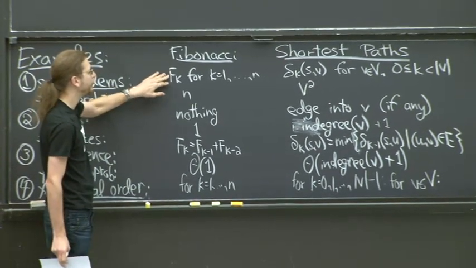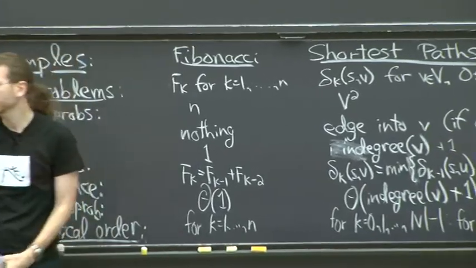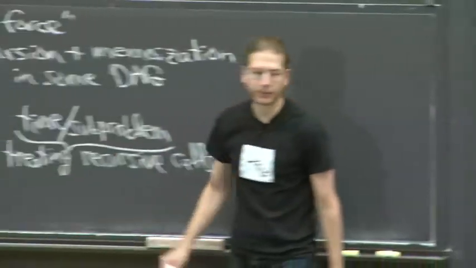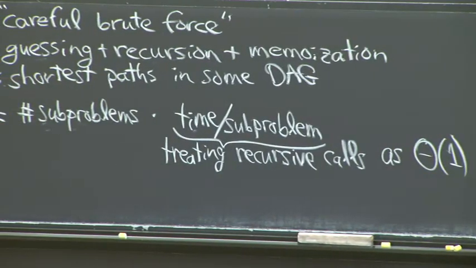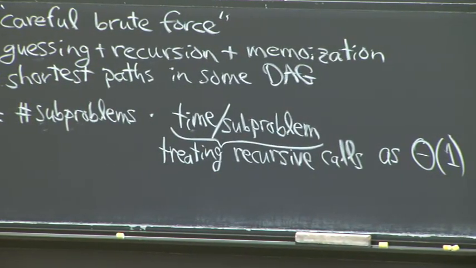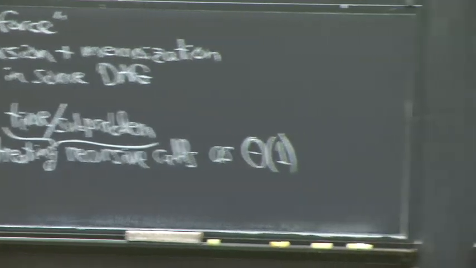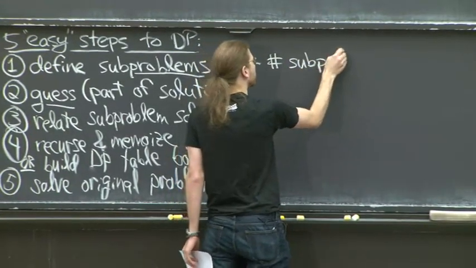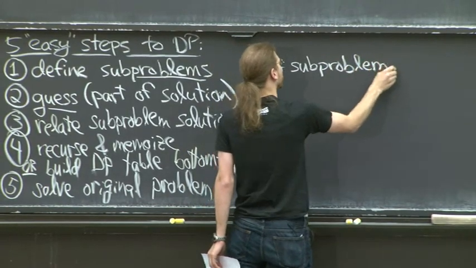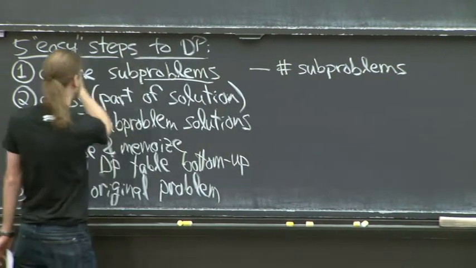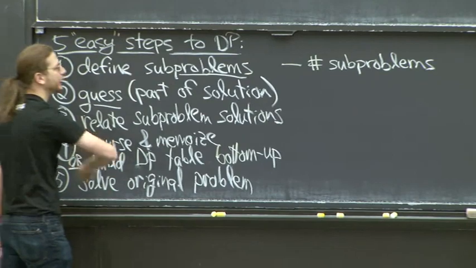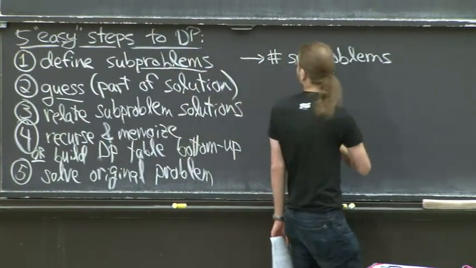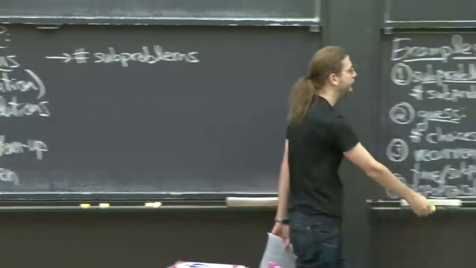So there were n different subproblems. And in general, because of this formula, we want to count how many subproblems there are. The number of subproblems is what we need to do algorithmically. And then for analysis, we want to count the number of subproblems for step 1. And so for Fibonacci, there were n of them.